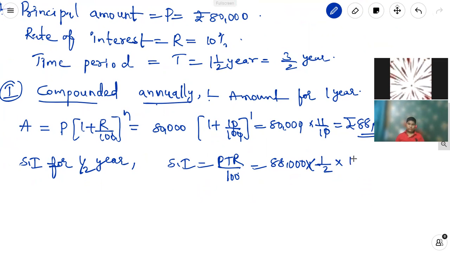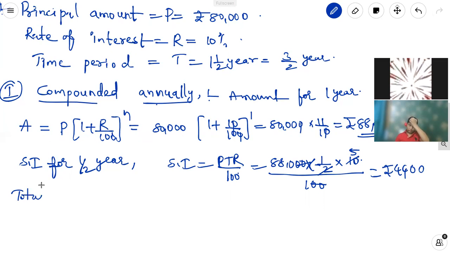Rate of interest is 10 only, by 100. 2 1s are 2, 5s get cancelled. 2 zeros, 2 zeros get cancelled. It's 0. 5 8s are 40 plus 4, 44. The 4,400 rupees is the simple interest for half year.